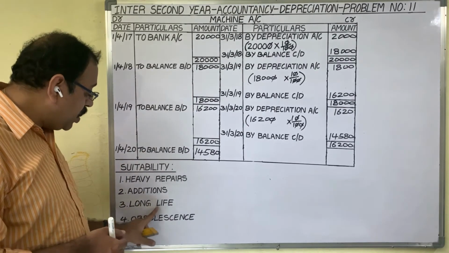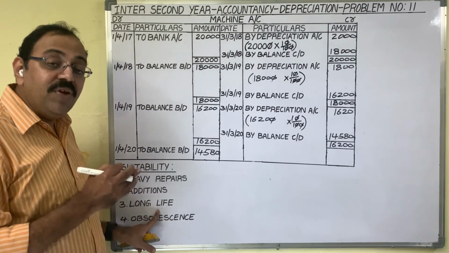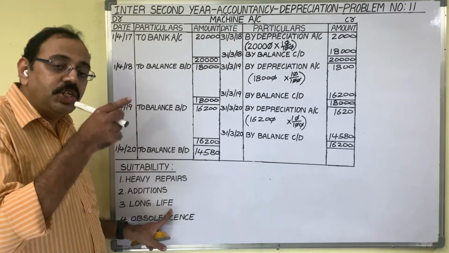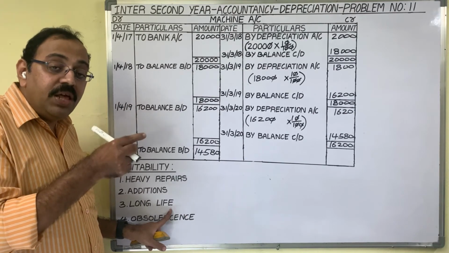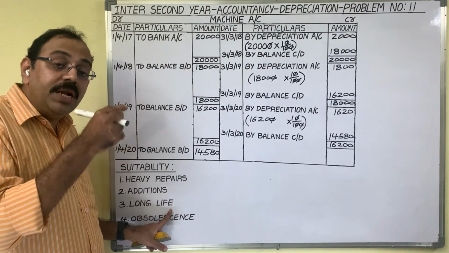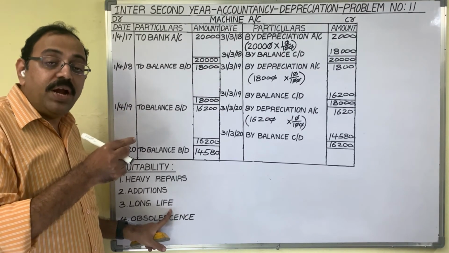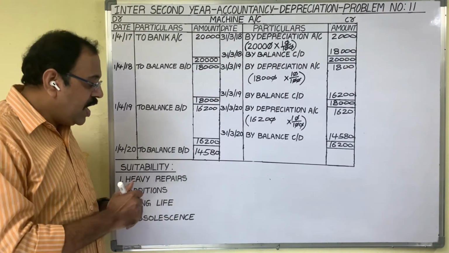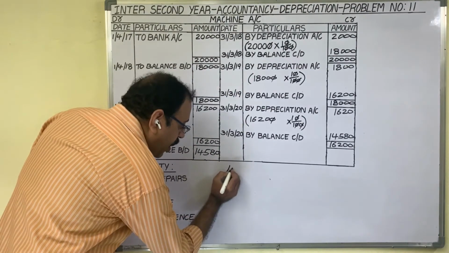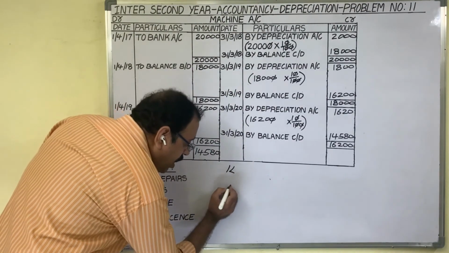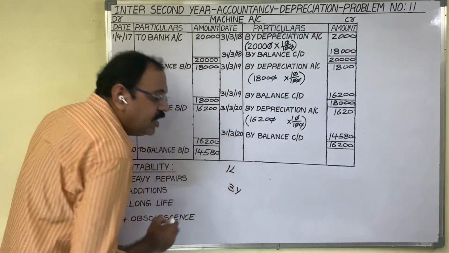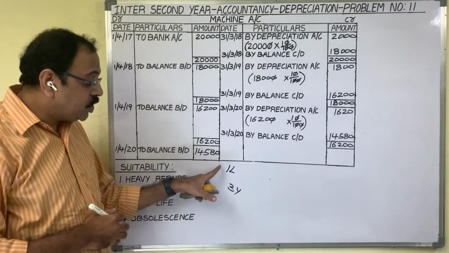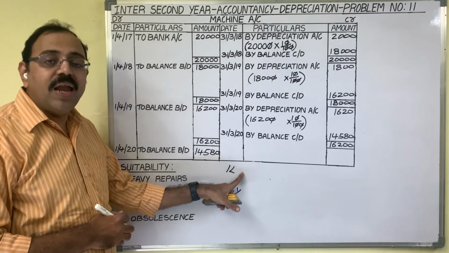Then this method is suitable for assets which have a long life, because in the short term it is very difficult to write off complete depreciation by providing more depreciation in the starting years. For example, the asset value is 1 lakh rupees and the life of the asset is only 3 years. Means within 3 years, the firm has to write off the total 1 lakh rupees.